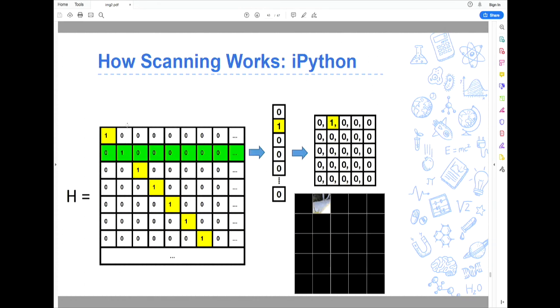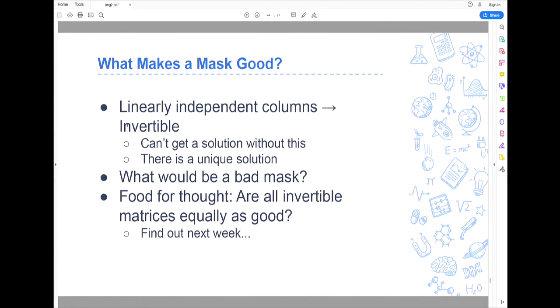And your TA might have asked you, I'm not going to go through any of the details, are some H's better than others? Are some masks, are some tomography machines better than others? Are some systems of equations better than others? And how do you construct a system of equations that is the best or pretty good?